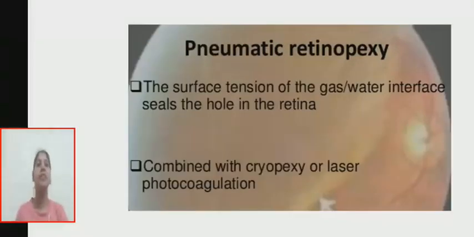The surface tension of the gas-water interface seals the hole in the retina. It is combined with cryopexy or laser photocoagulation.